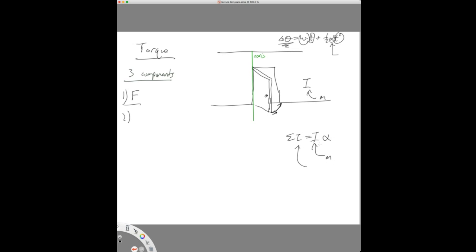That's not part of the mass. It's not part of the size or shape of the door. All that would be inside of the moment of inertia. But it's really about how I push. For example, can you think of a way to push that door that would be to push it really hard, but it wouldn't be very effective? Anyone?